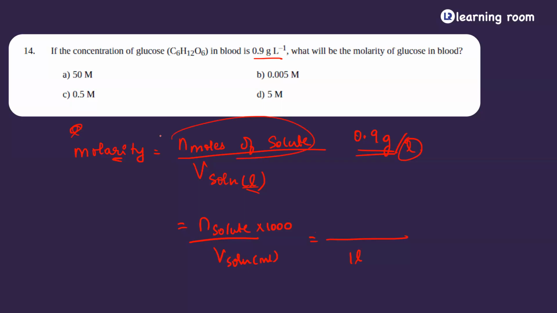I need the number of moles of solute. I have got the mass of solute, so number of moles is given mass by molar mass. So 0.9 divided by the molar mass of glucose, which is 180. Correct? So what answer will I get for 0.9/180?